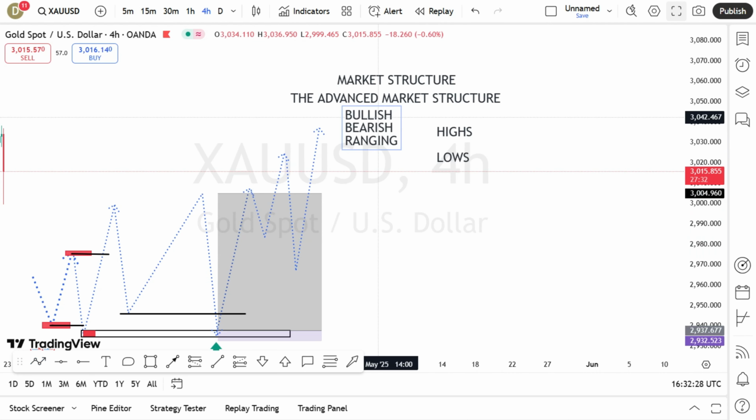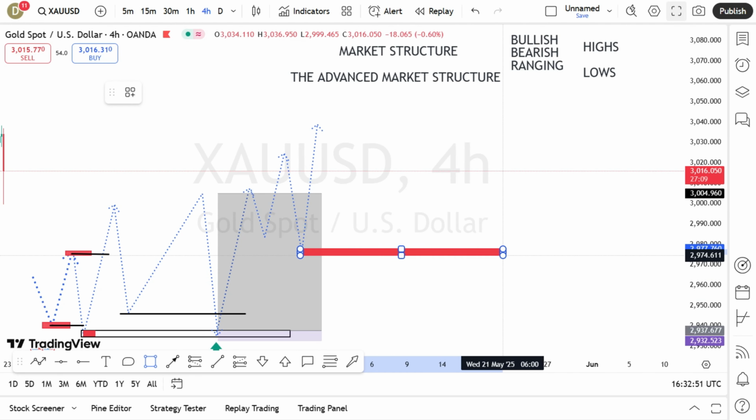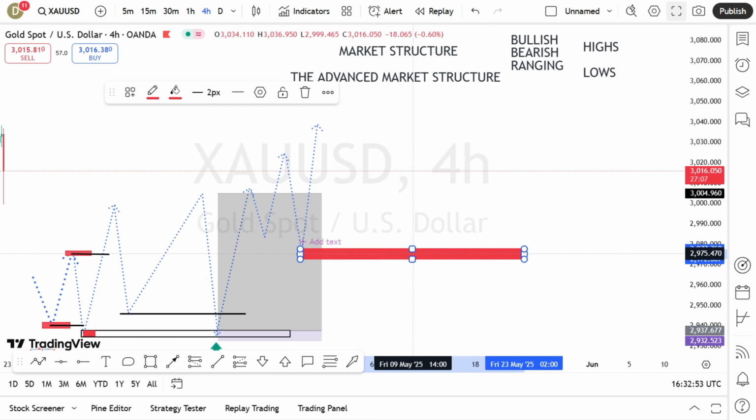Alright, so the market has taken our low over here, and at the same time has taken out our high over here. Once it has taken out our high, it's going to create a zone for you, a zone over here. Alright, good.